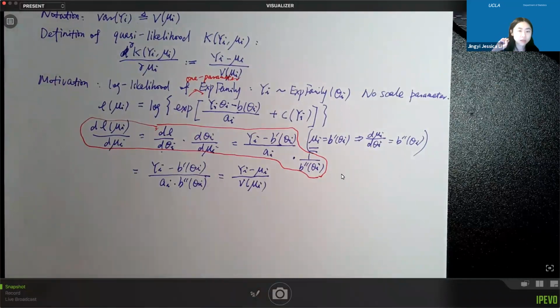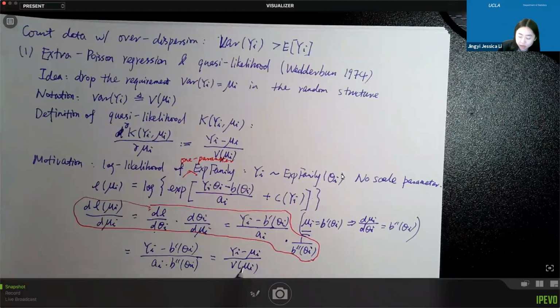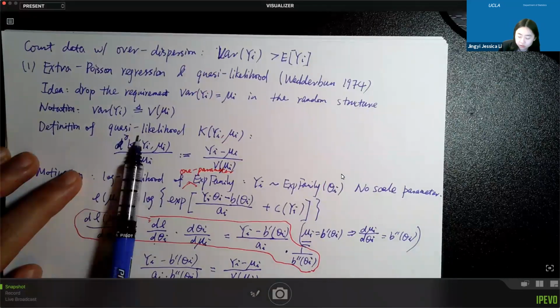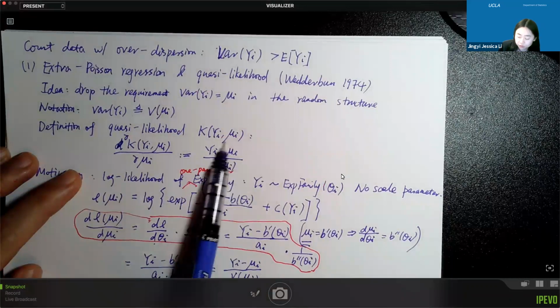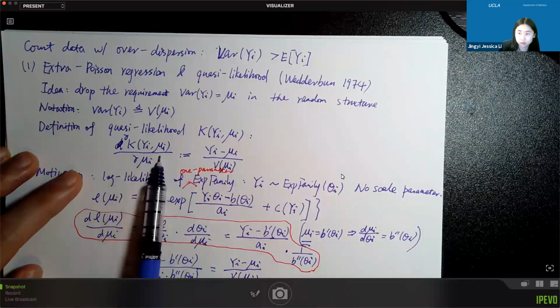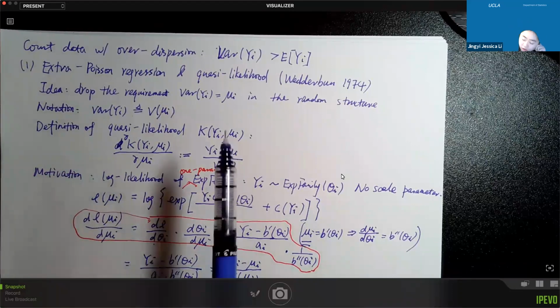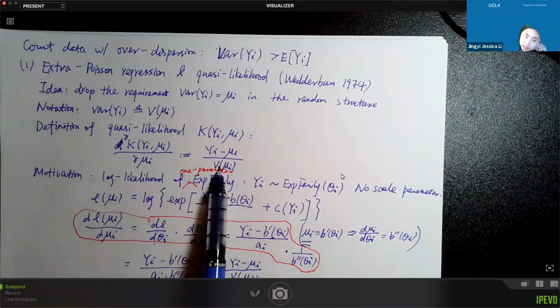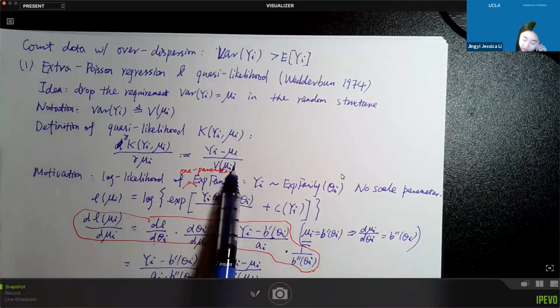Now, when we define quasi-likelihood, we just borrow this form by defining the quasi-likelihood's derivative against mu_i to be the same as what we have for the one parameter exponential family. And then we just have the quasi-likelihood. So we don't have any specific assumption on what v(mu_i) is in quasi-likelihood. We just say there is a variance in the denominator, the mean is in the numerator.